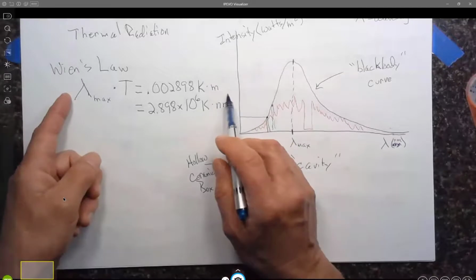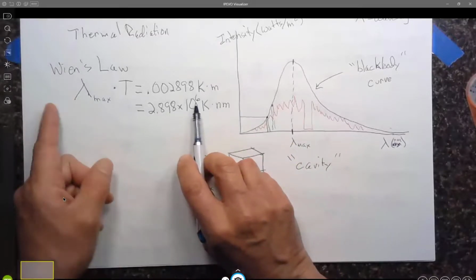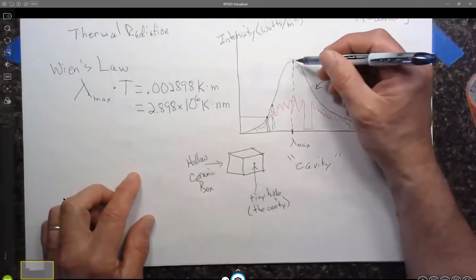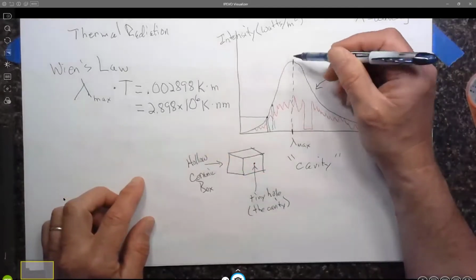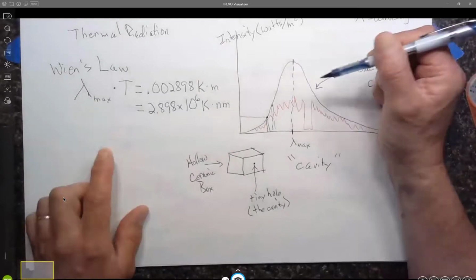But this is Wien's Law. And so here's what you can use it for. For one thing, if you know the temperature of an object, you can predict the value of its maximum wavelength.